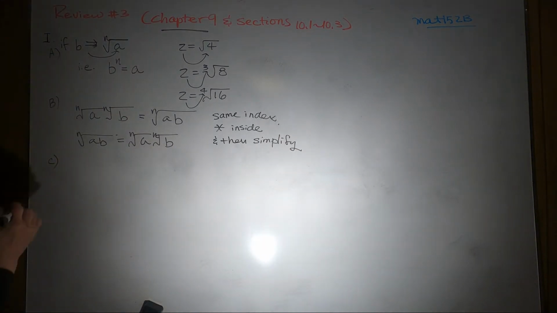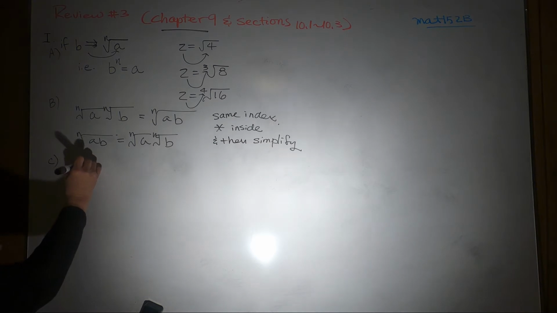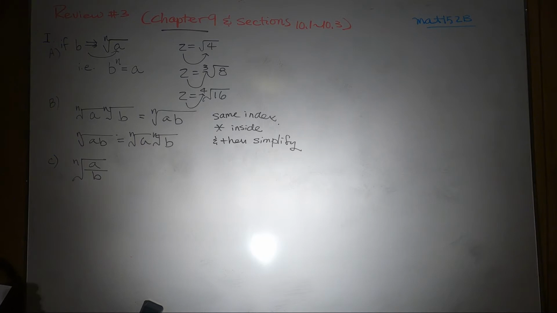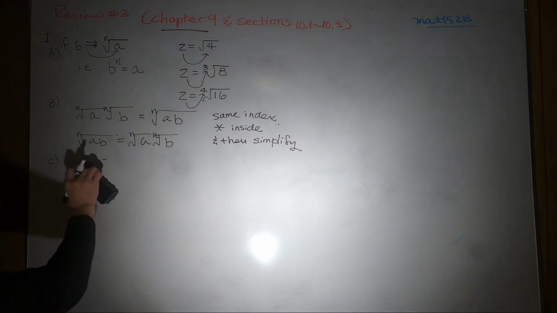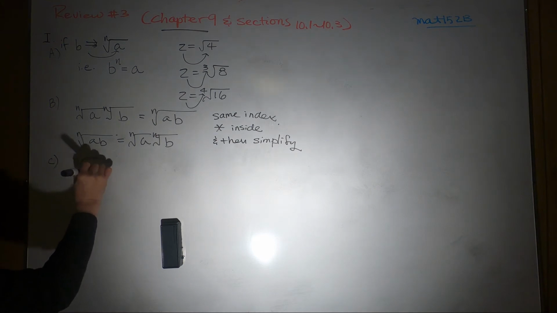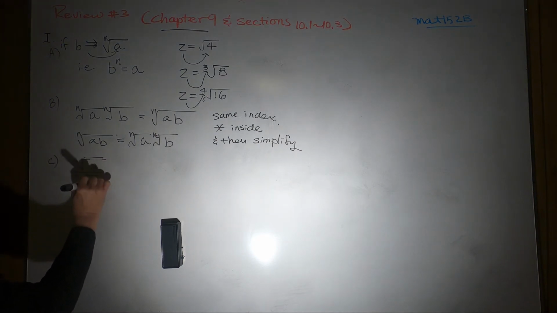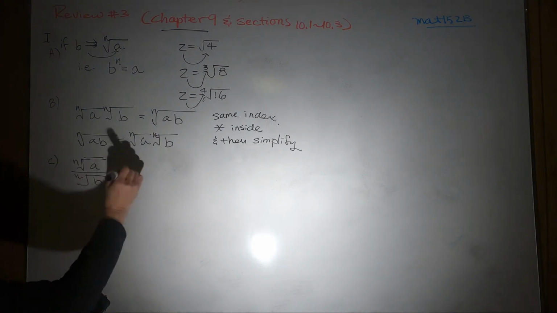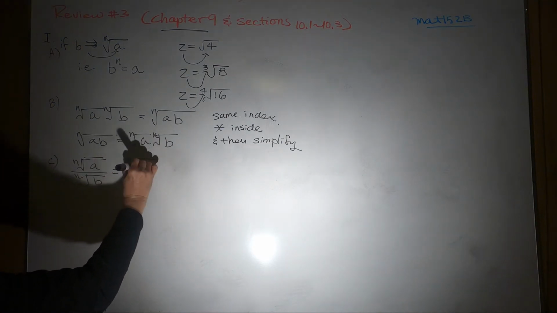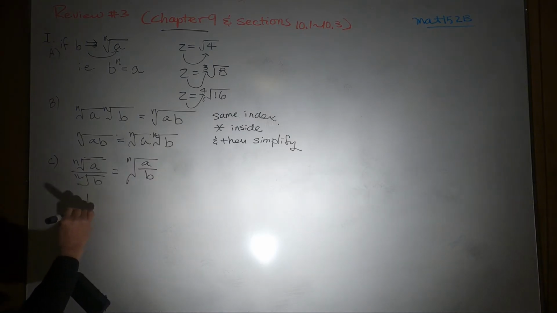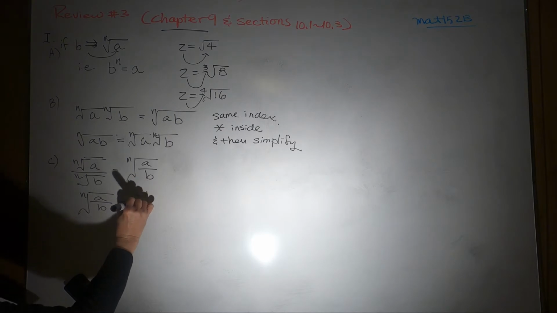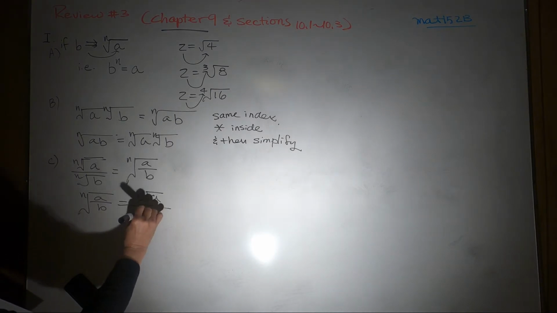Okay, then same thing for the quotient rule. It means what? You can put them together, same thing. Let's do the same way as the multiplication. If you have 2 things divided, same index, then you can put them together, or if they are together, you can separate them.